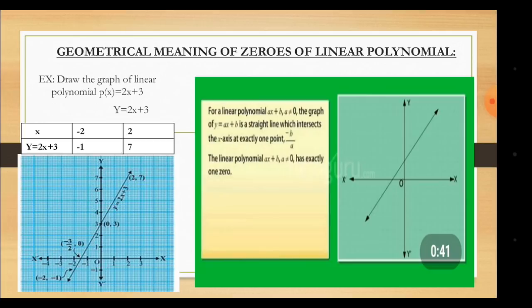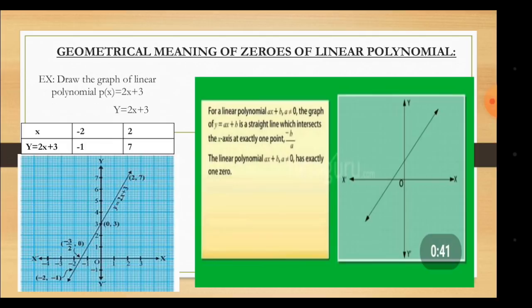Okay, so this linear polynomial has exactly one zero. So do you understand the geometrical meaning of zeros of linear polynomial? What is the zero of linear polynomial or any polynomial? Zero of polynomial means the x coordinate of a point where the graph intersects the x-axis.